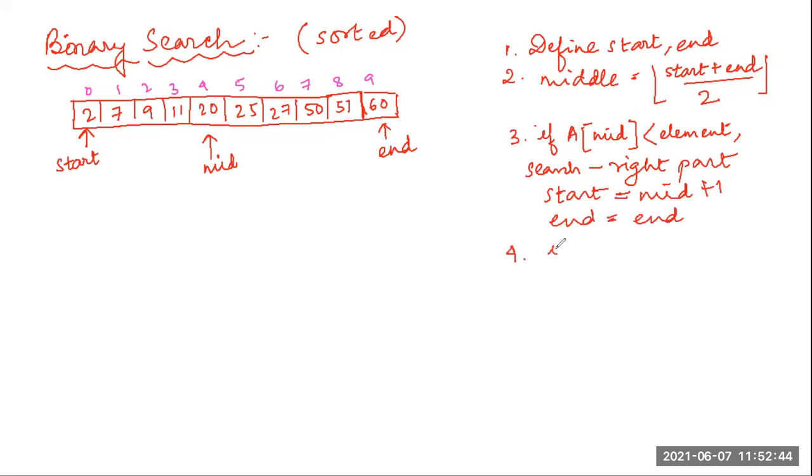And if the opposite happens, suppose I am searching for element 9, then when I look at 20, I know I need to search in the left part. So my start will be same, but my end will be mid minus 1. So I am interested from 2nd location to 11th location if I need to search for 9. This will be my end for the next iteration. So mid minus 1.